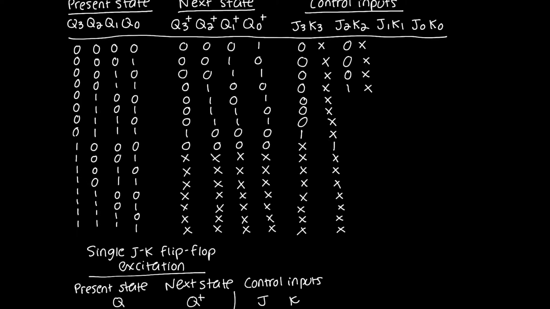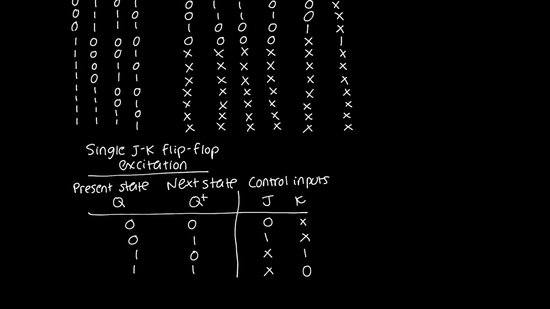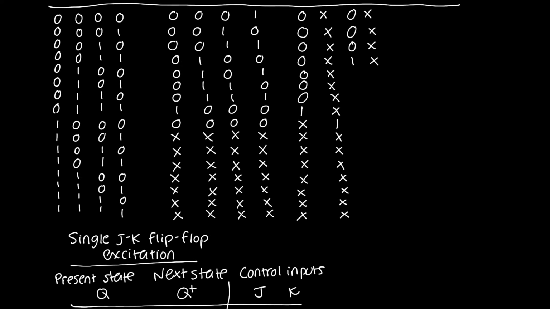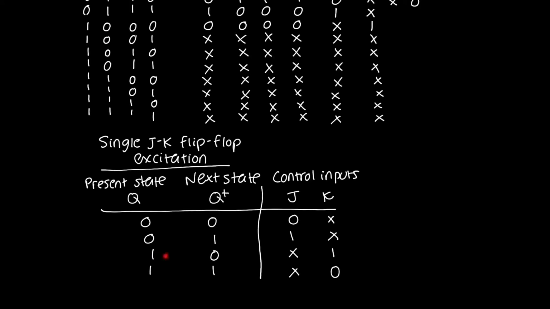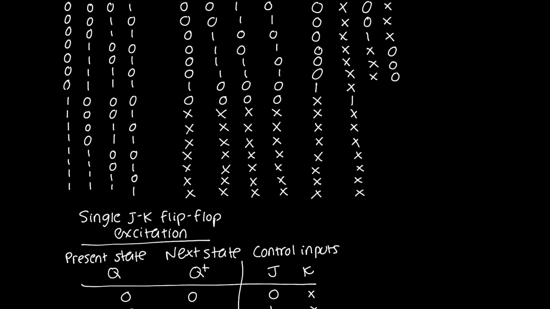Next, what I have to do is a 1, 1 transition, and I've got a couple of those. So 1, 1, I need X0 for JK. So that's X0, another 1, 1, X0, another 1, 1, X0, and then over here in this row, I have a 1 to 0 transition. We said 1 to 0 transition is X1.